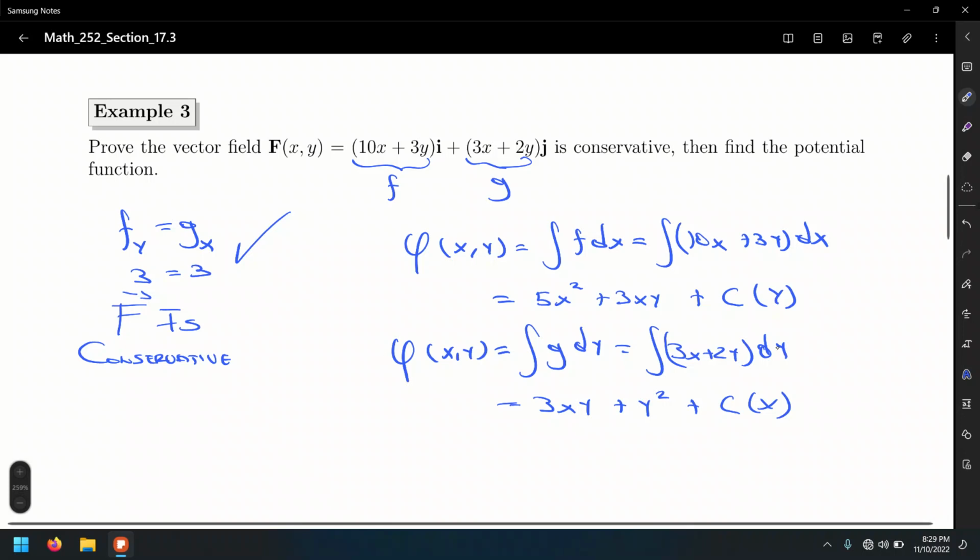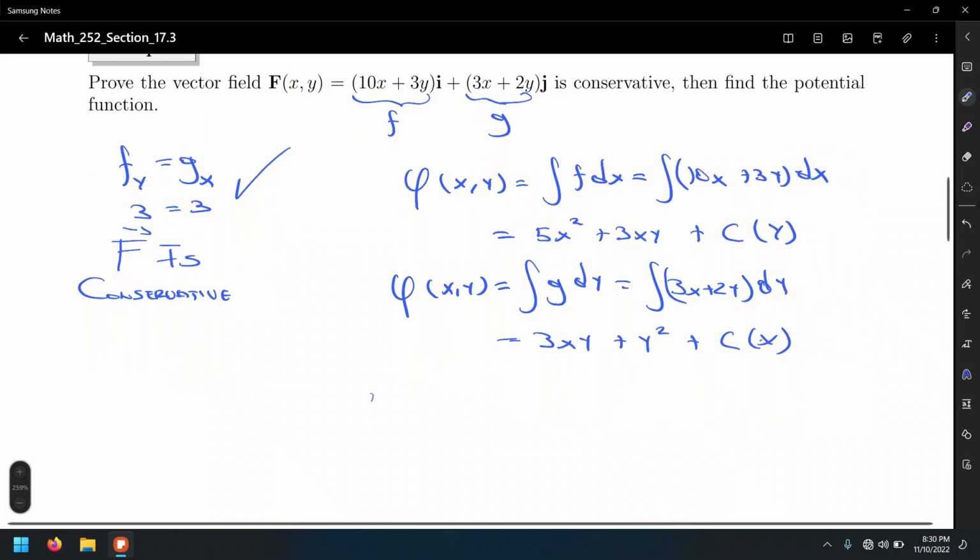Likewise, on the second integration, when we integrated with respect to y, we obtained 3xy plus y squared plus some function that depends only on x. So this missing piece of information is actually here, isn't it? So we can form the potential function by 5x squared plus 3xy plus y squared.